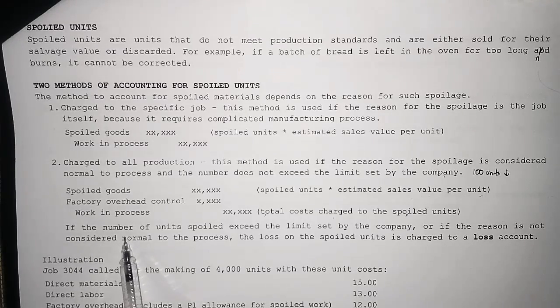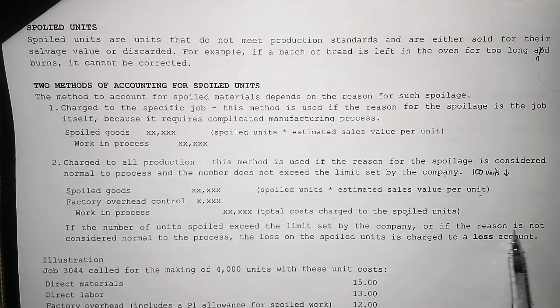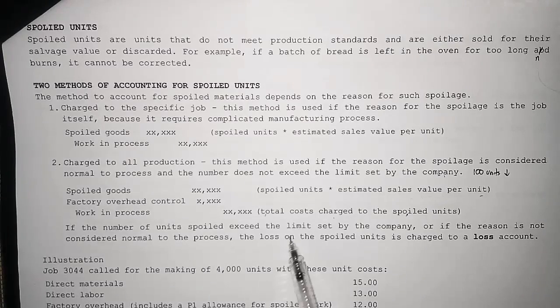If the number of units spoiled exceeds the limit set by the company, or if the reason is not considered normal to the process, the loss on spoiled units is charged to a loss account. So sinasabi lang nito, kapag nag-exceed na sa benchmark or sa limit ng company, yung quantity ng spoilage, hindi na siya ma-consider as normal sa process.